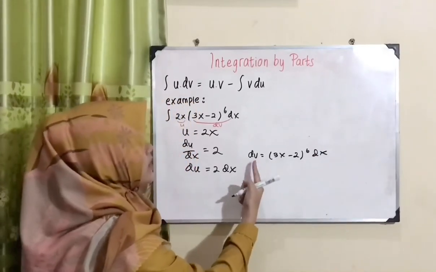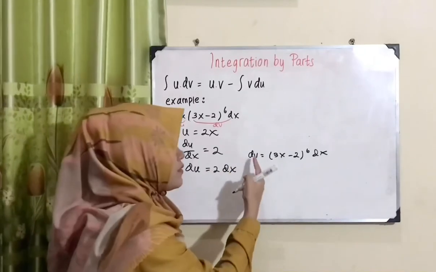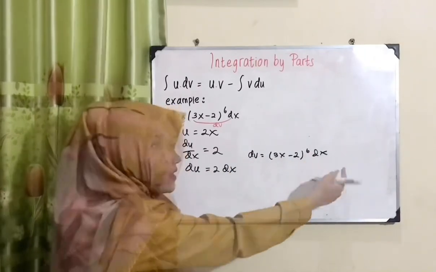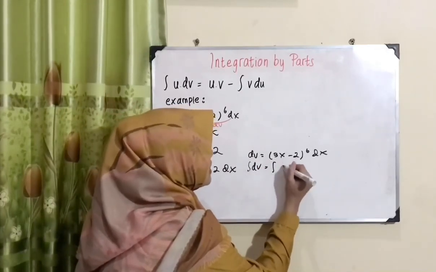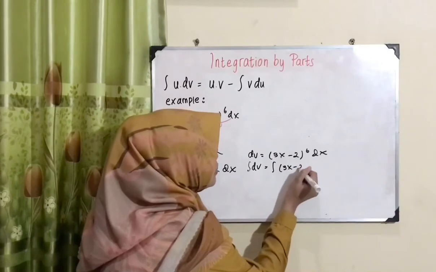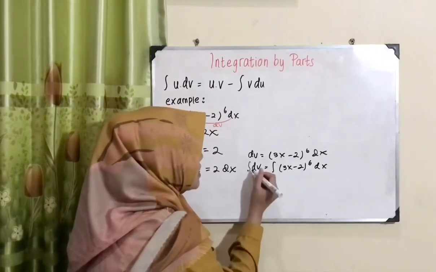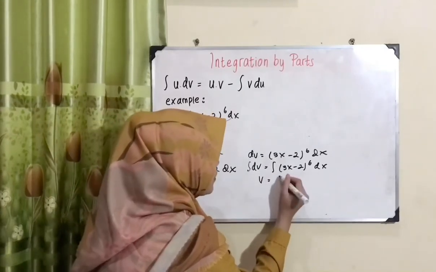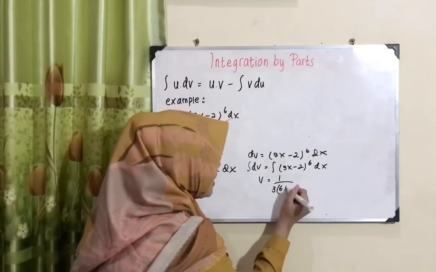Okay, when we need v, we must take the integral of dv, and then the integral of (3x minus 2) to the power of 6 dx. So the integral of dv is equal to the integral of (3x minus 2) to the power of 6 dx. And then v is equal to 1 over 3 times (6 plus 1).